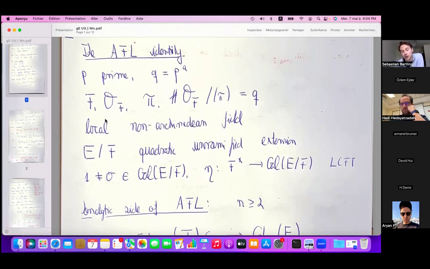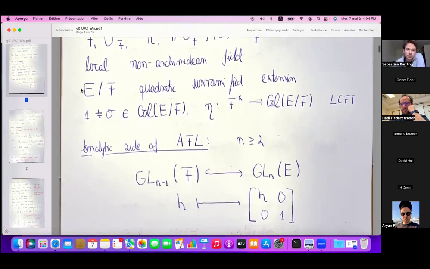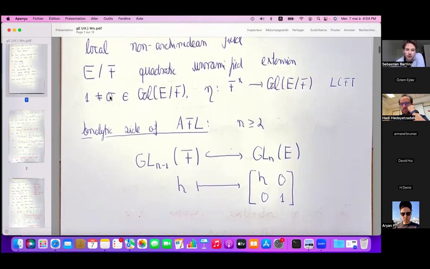So F could either be of characteristic p, like F_q Laurent series in the uniformizer pi, or a finite extension of Q_p. We also fix E over F, the quadratic unramified extension. We denote by sigma the non-trivial element in the Galois group. And then by local class field theory, I get a character from F star to Z modulo 2Z.